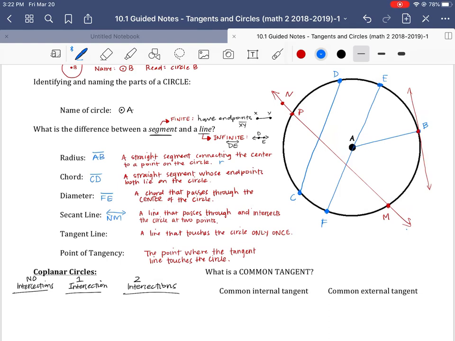So if I were to name this, that one's already named B. Let's say I give a point on this line, and let's call this, what haven't I used, T. That tangent line, if I come over here to name it, would be tangent line BT. And again, this one's a line. It's going forever in both directions. And that point of tangency, or where it touches the circle, is point B. Again, that one's a point, so I'm not putting a segment or a line over the top.